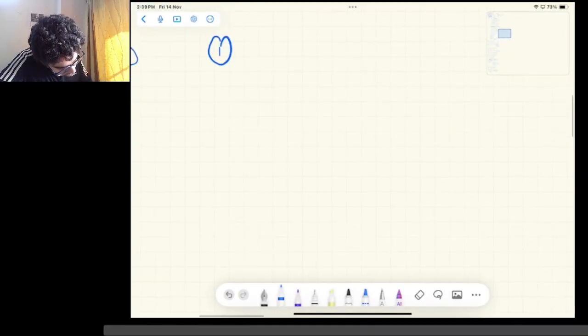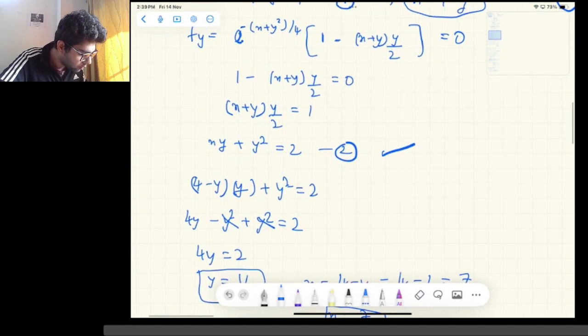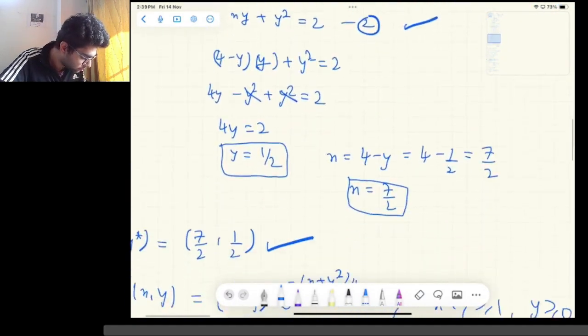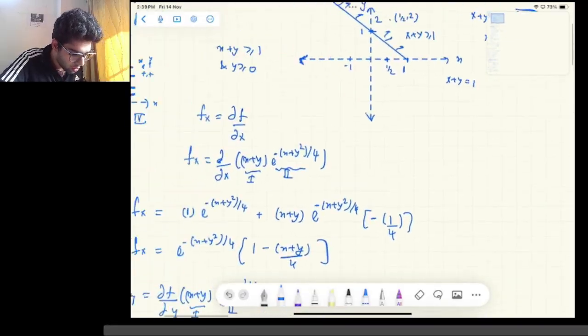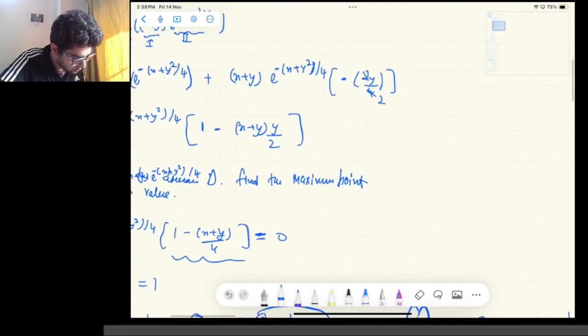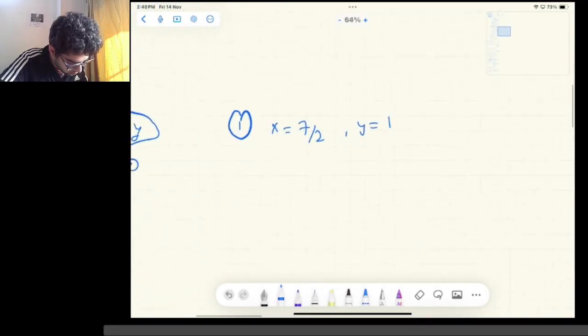So the first point is x equal to 7 by 2, y equal to 1 by 2. We just need to find the functional value at this point.